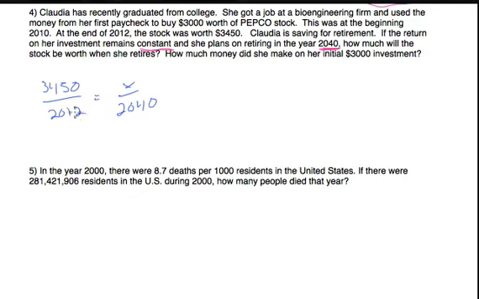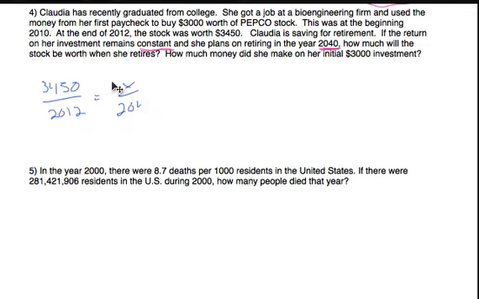Because the number 2012 and the number 2040 do not represent the right proportion that you're dealing with here. What we're dealing with is a span of 30 years, or I should say we're comparing the growth of the stock over 2 years, from 2010 to 2012, over the growth of the stock over 30 years. And these numbers don't show that. So the proportion between 2012 and 2040 is going to be relatively small. It's not going to give you the right answer.